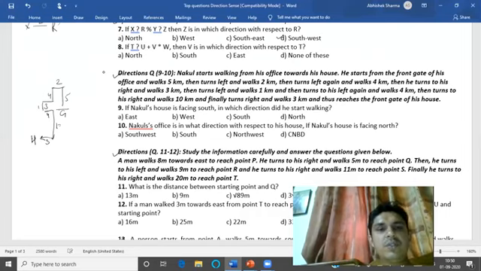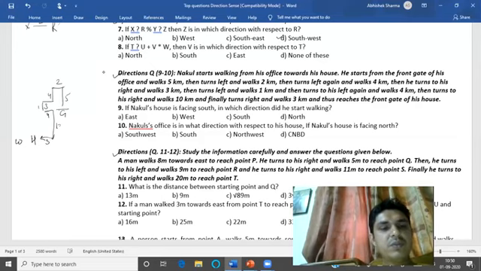So this is the house. The question is, if Nakul's house is facing south, in which direction did he originally start?